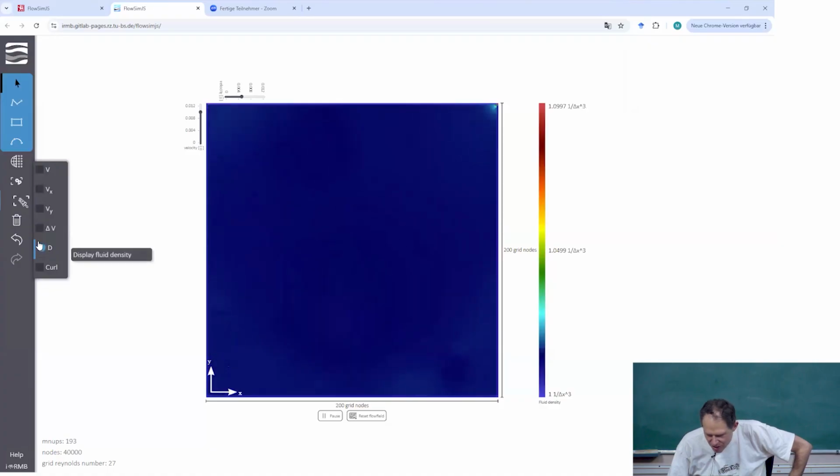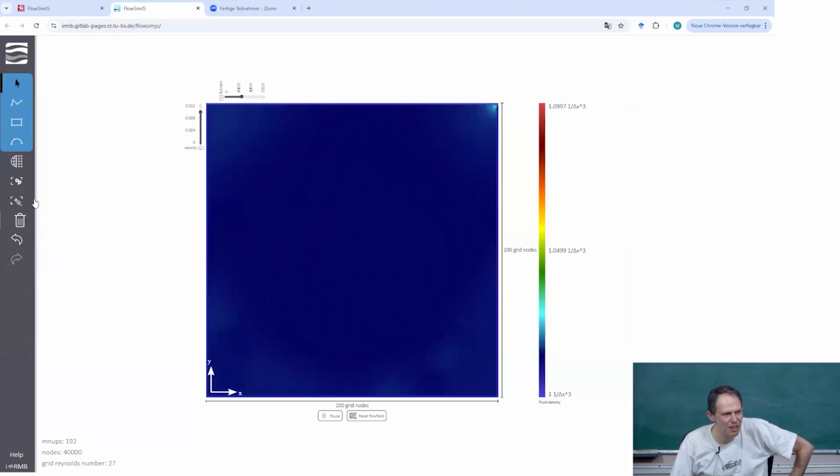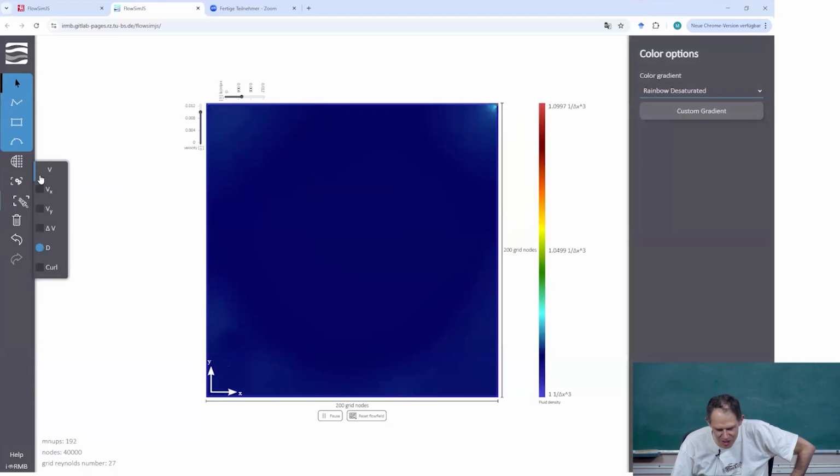Let's look at the pressure. You see there is no oscillation in pressure. It's already, I think, what did we start off with, 6? So it's a Reynolds number 5 times higher than the one where we saw these oscillations.